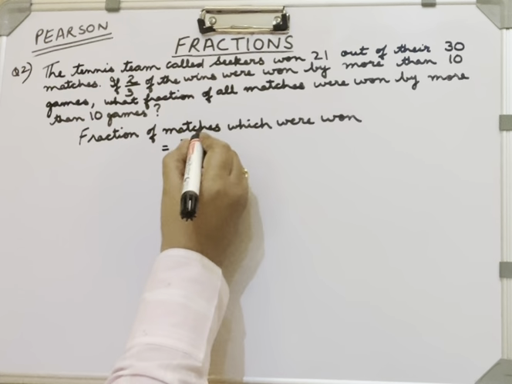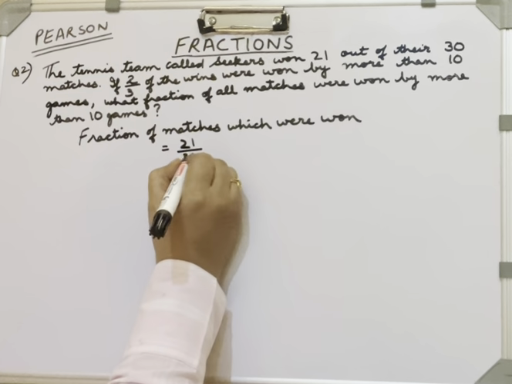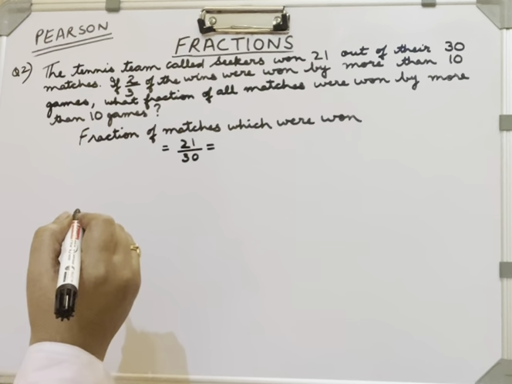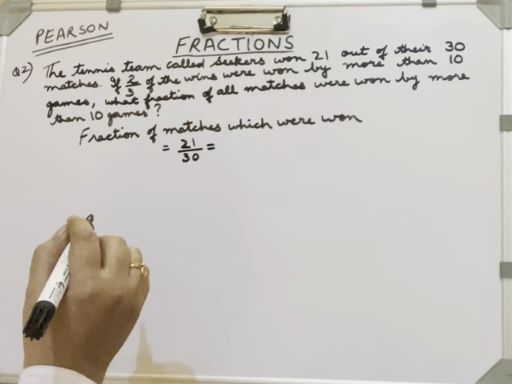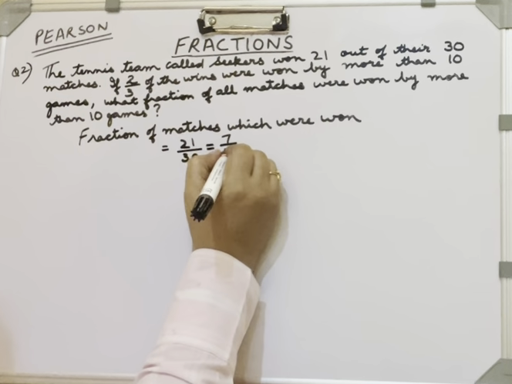Fraction of matches which were won is equal to 21 by 30. Upon simplification, dividing both numerator and denominator by 3, this comes up to 7 by 10.